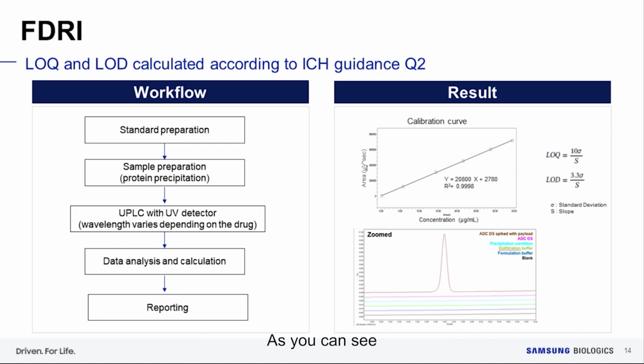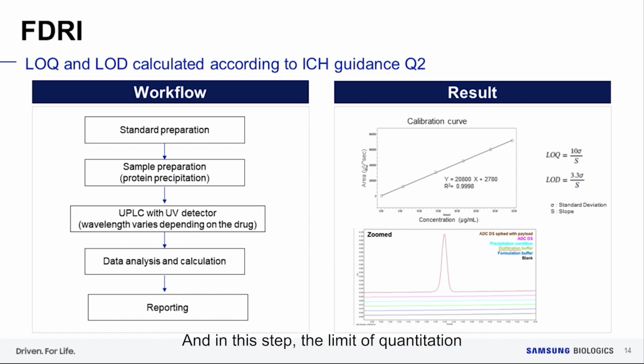As you can see, the upper calibration curve, the R-square value of the calibration curve was also appropriate at over 0.99, and since there was no free drug in the sample, recovery was confirmed using spiked sample.